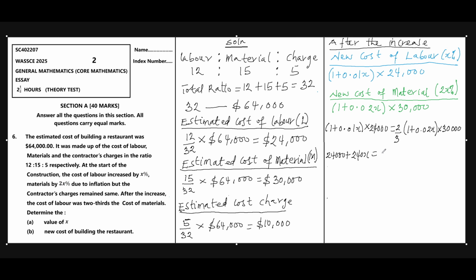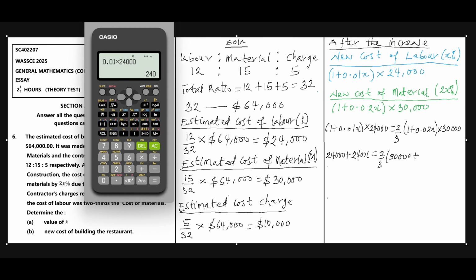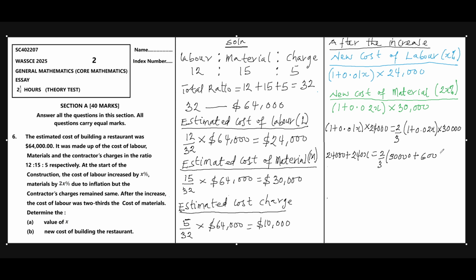And this must be equal to two-thirds multiplied by 1 multiplied by 30,000, which is 30,000, and then 0.02x multiplied by 30,000. 0.02 multiplied by 30,000 gives us 600x.